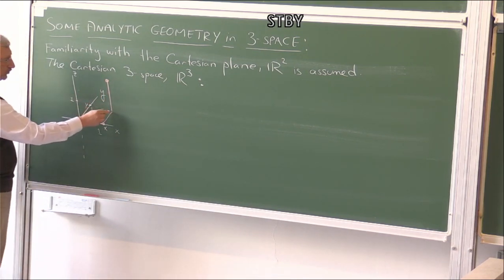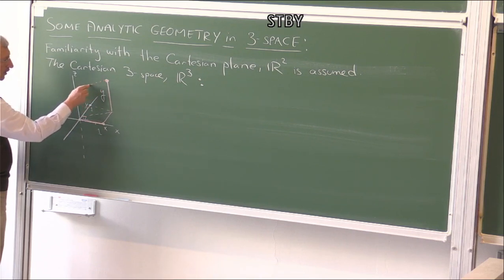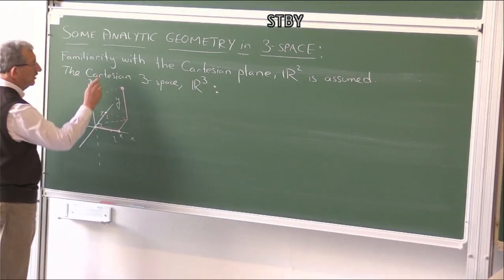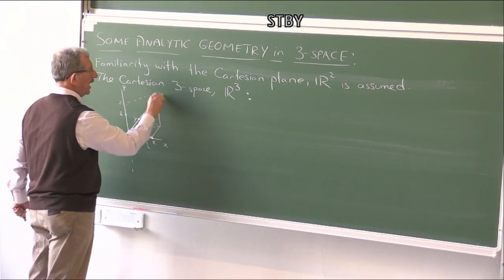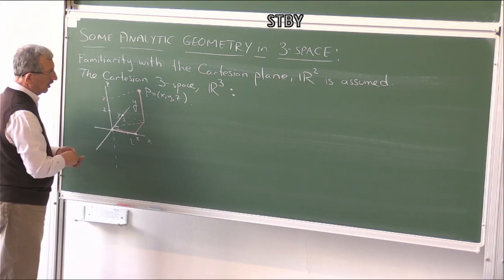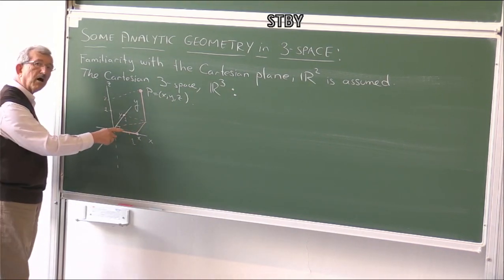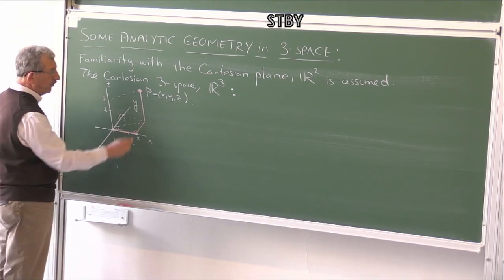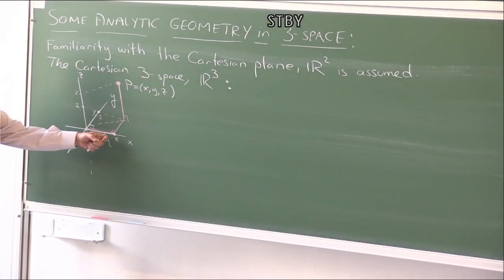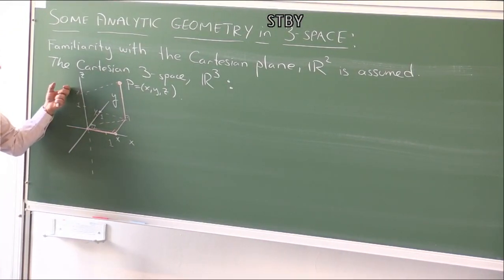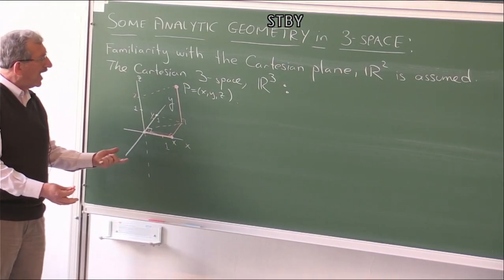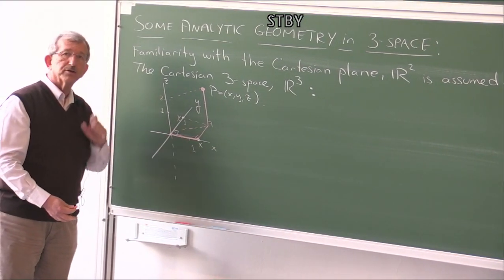Of course, these dotted lines are parallel, and we reach the point which we call P, which is x, y, z. Of course, all the operations are vertical in this process. So we move vertically here, and we move vertically here. So in this sense, the x, y, z triple represents the point P. So we mainly added one more dimension to the Cartesian plane.